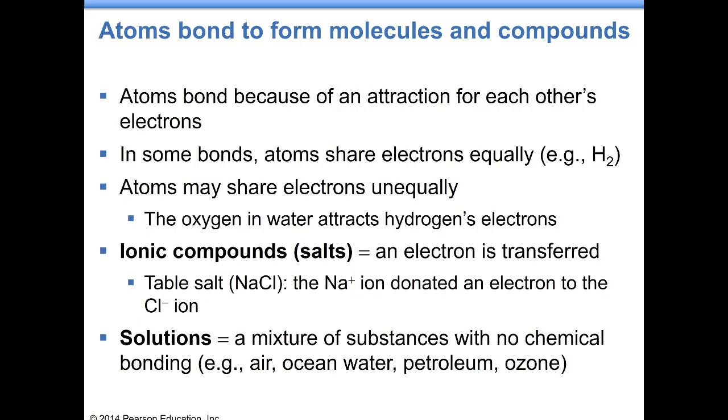Atoms bond because of their attraction for each other's electrons. Remember the octet rule of 8. They want to have 8 valence electrons if they can to be stable, or they want their electrons to be paired. The way electrons bond, some can be shared equally, and that's called covalent bonding. Atoms may also share electrons unequally.